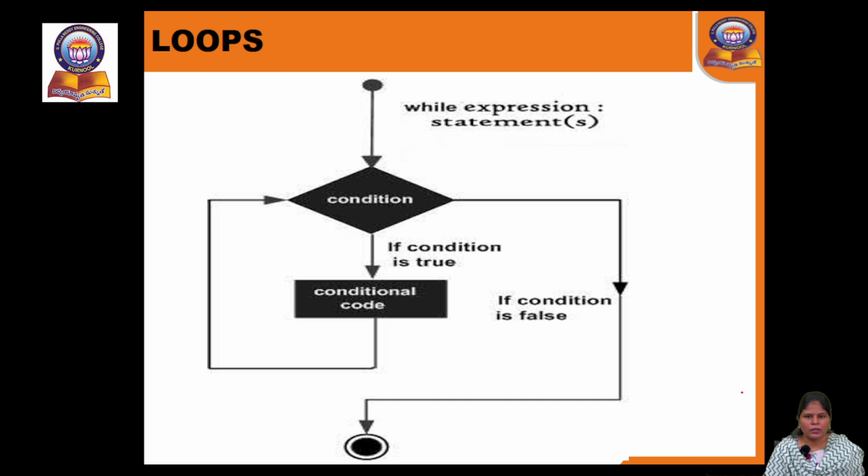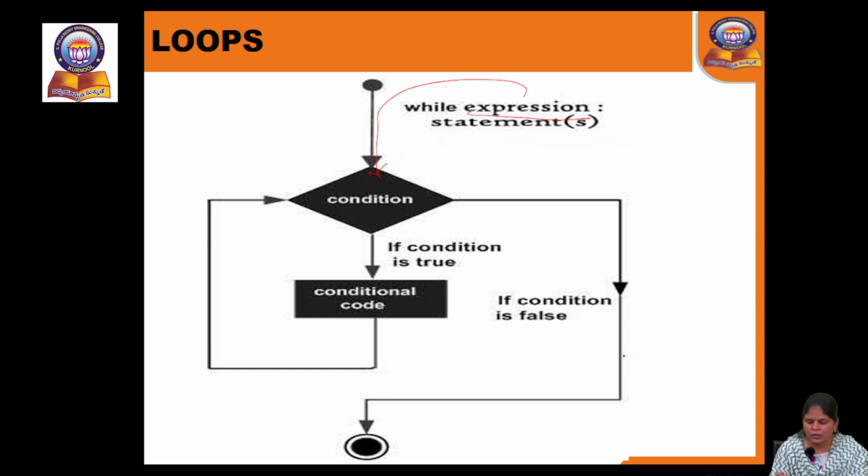Here, this is the flow chart for the while: while expression, set of statements. First comes the condition; this expression may be treated as a condition. If the condition is true, then the conditional code, that means the suite of statements, will be executed.